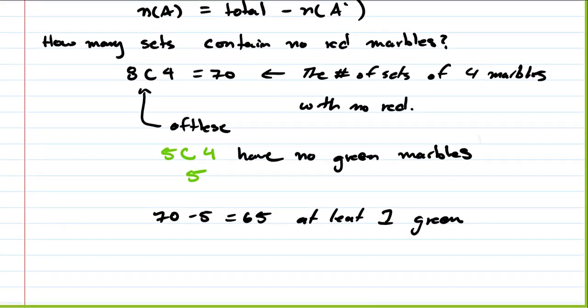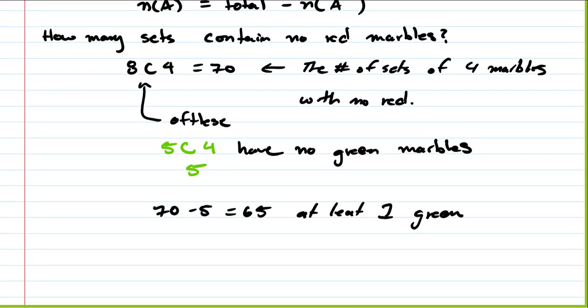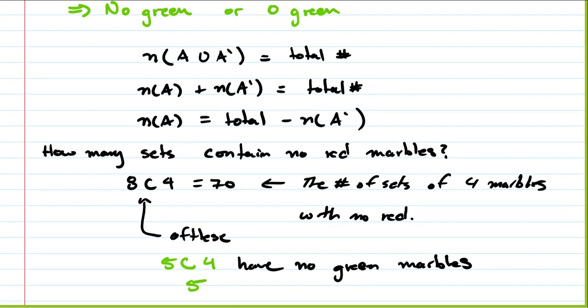So basically we had sets of 4 marbles with no red, and then we counted how many of them have no greens. Well, 5. If only 5 of them have no green marbles, then the remaining 70 minus 5, which is 65, have to have at least 1 green, which is exactly what we did here.